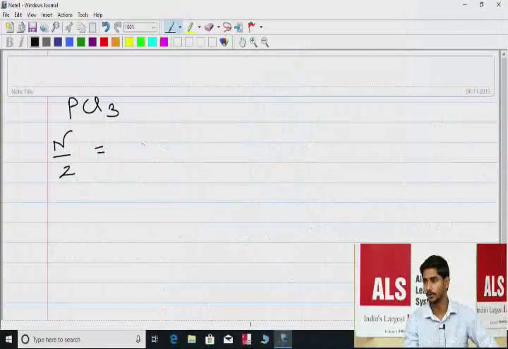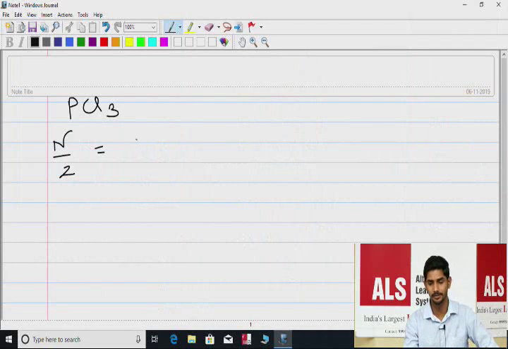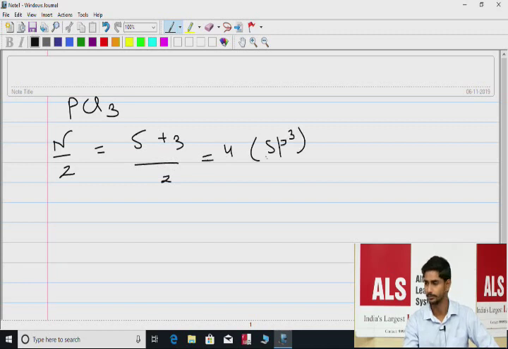Okay, let's start. Let's calculate n by 2. Central atom is phosphorus, so use its valence electrons, which is 5, plus number of atoms, which is 3, upon 2, which is 4. So hybridization would be sp3. If I have to draw the shape, I'll put the phosphorus at the center and draw the 4 bonds.